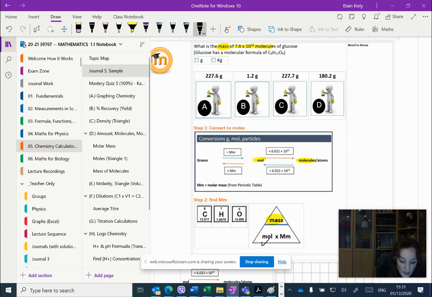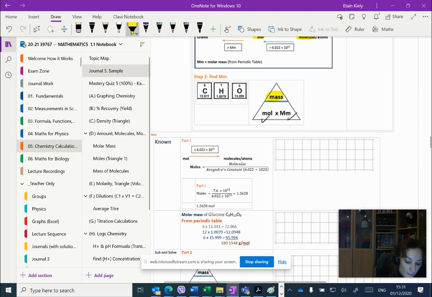We will also be able to work out the molar mass because we're being given the molecular formula here, and we can use the periodic table to find out the molar mass. So we'll have everything we need except the mass to solve for this. So we're going to break it into two steps. First of all, we're going to find how many moles, then we're going to find the molar mass, and then we're going to plug them into our formula.